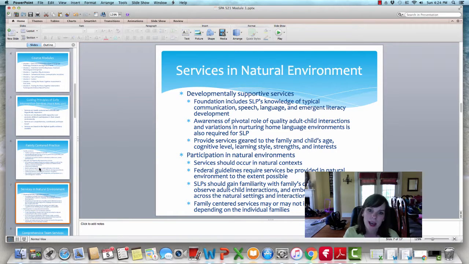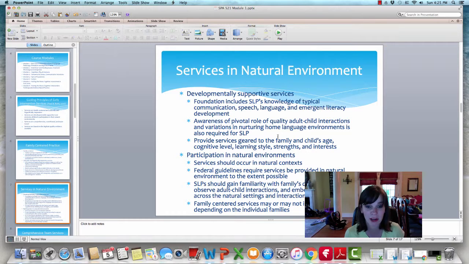The SLP also needs to have an awareness of the pivotal role of quality adult-child interactions and variations in a nurturing home language environment. Okay, so we need to have an awareness of our role in enhancing the quality of adult-child interactions and how we need to be culturally sensitive to what's happening within those environments, but also how to engage those parents without crossing that boundary of thinking that we're critiquing or criticizing them, because we're building a rapport with the parents.